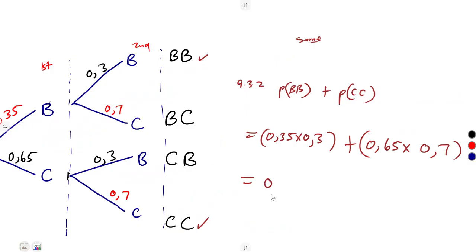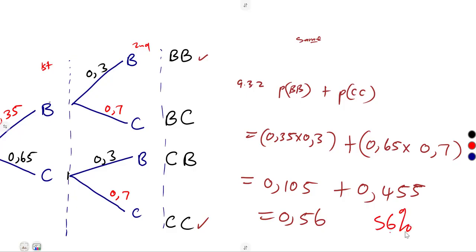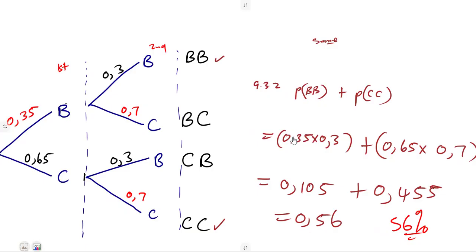The first one gives us 0.105, plus the second one gives us 0.455. Adding these gives us 0.56. As a percentage, you can even have it as 56%. That is what you're given.